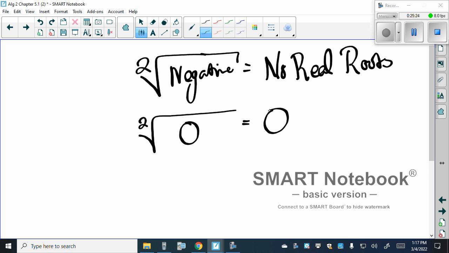Because this here is saying what number, multiplied by itself, whatever the root is, gets to that number. So here we're trying to find what number times itself is 0. Well, 0. And no matter how many times we multiply 0 by itself, it's still 0.